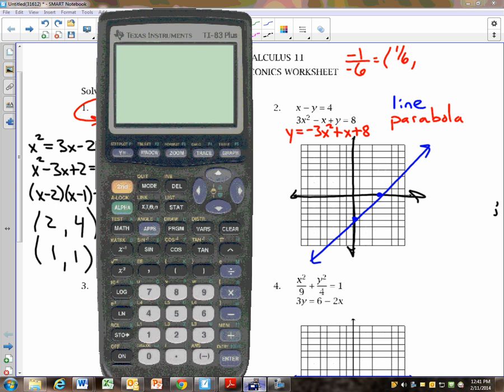To find the y value, I can plug it in. Negative 3 parentheses 1/6 quantity squared plus 1/6 plus 8. And I get 8.08.